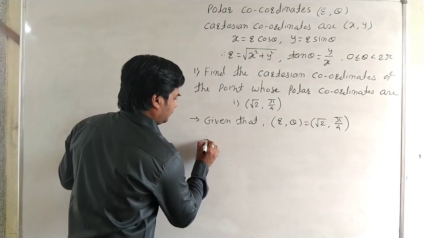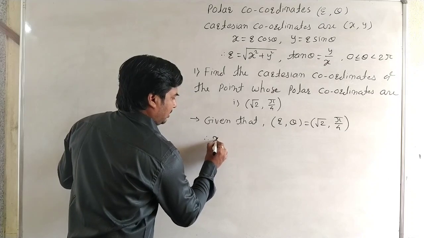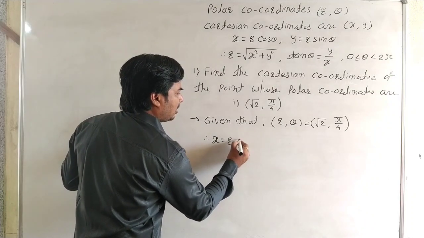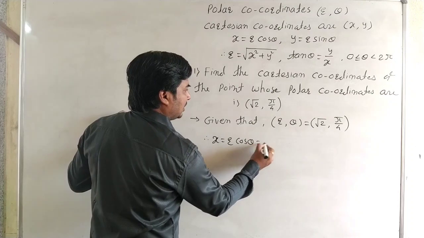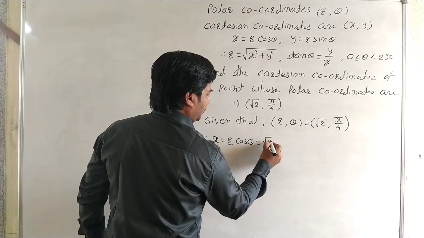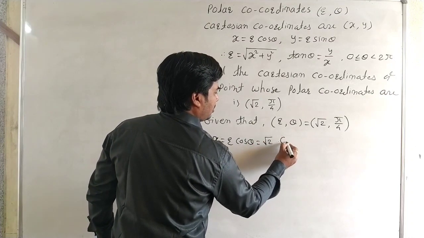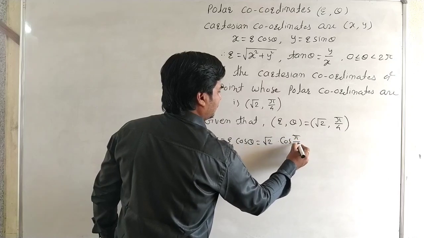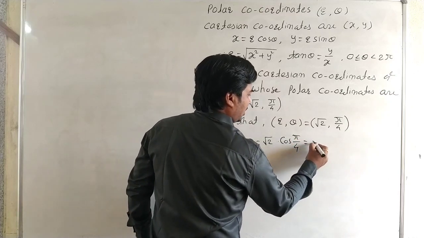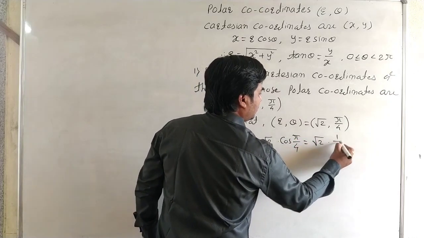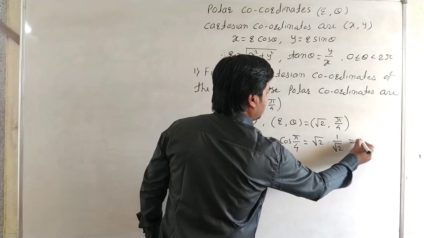Therefore x is equal to r cos theta, that means under root 2 into cos pi by 4. Cos pi by 4 is 1 by under root 2, so that is equal to 1.